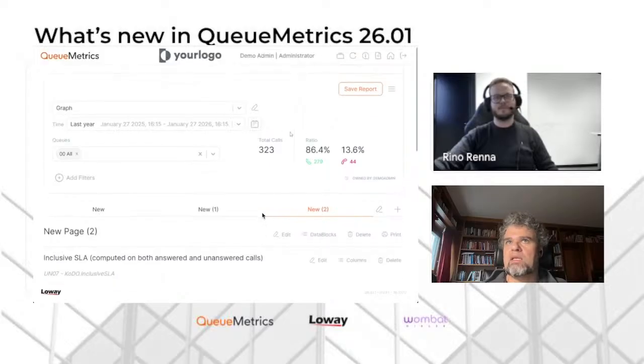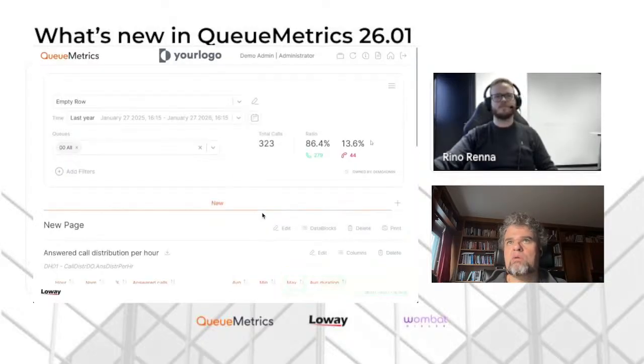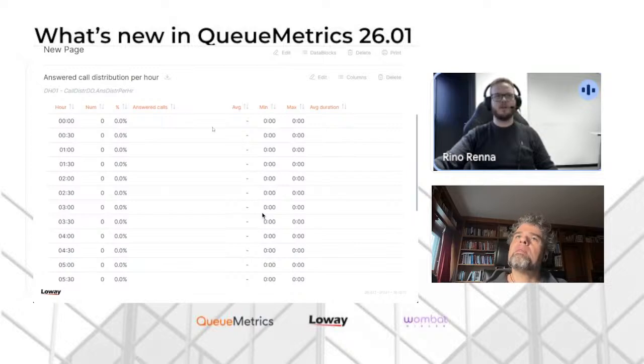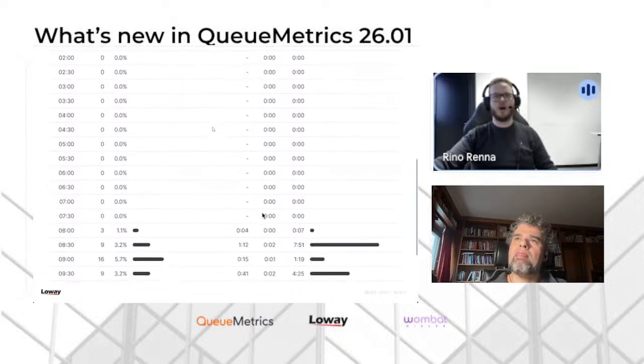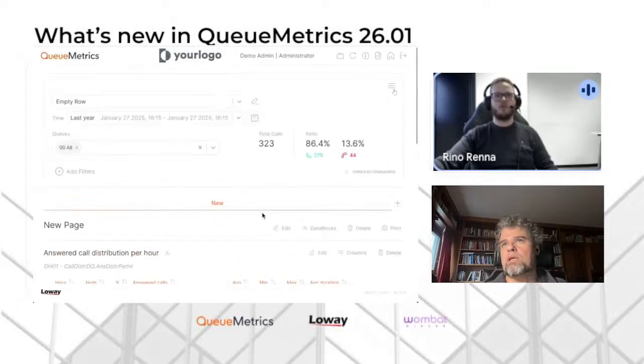Another thing that is also related to such reports is the ability to remove the time periods that have no calls. Can you show us how that works? For example, we have the data block of answered distribution per hour, and we can see from the chart that we have many rows where the count is 0. The problem is simply that the charts are made on a 24-hour basis by default.